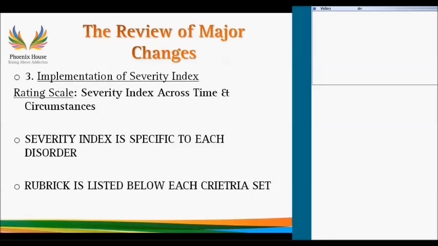The severity indicators will be listed in the desk reference. So you don't need the full manual to have that, because it's part of the diagnostic process. But it is different. The rubric is listed below each criteria set. So when you look at bipolar disorder, the rubric of severity is applied right there.